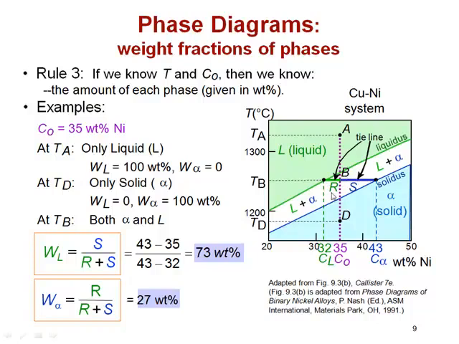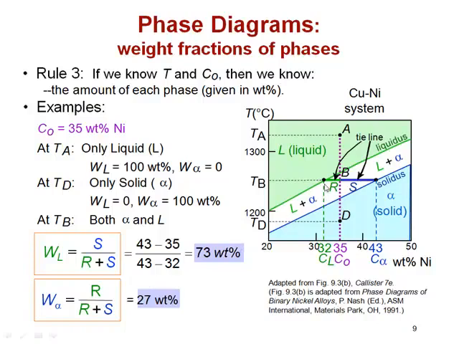We name each part R and S, and then put the lengths of each line in this equation. Then we can easily compute the weight percent of liquid, and what is left is, of course, the other phase, which is the solid phase.